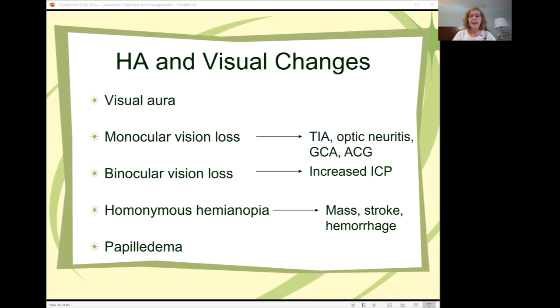Homonymous hemianopia is a concern for a brain tumor, cerebral infarction, or intracranial hemorrhage. And anytime papilledema is present, an emergent workup should be done looking for causes of increased intracranial pressure.